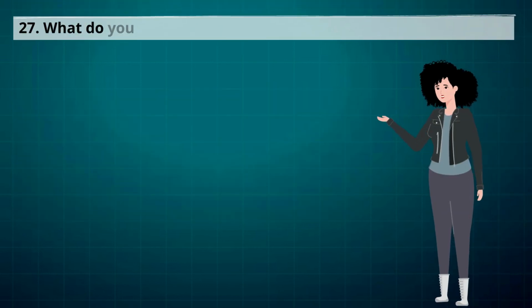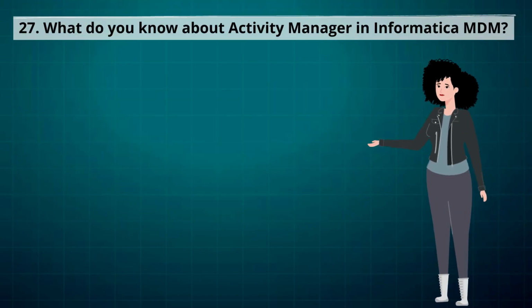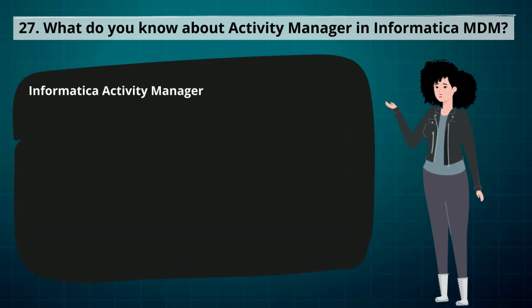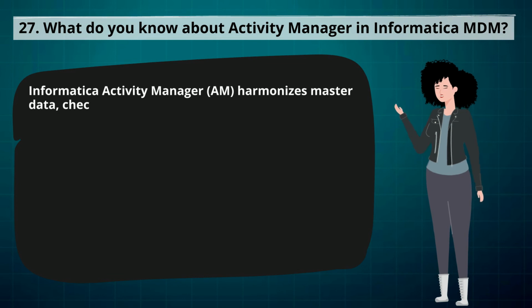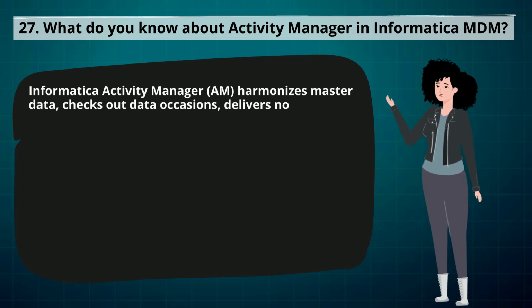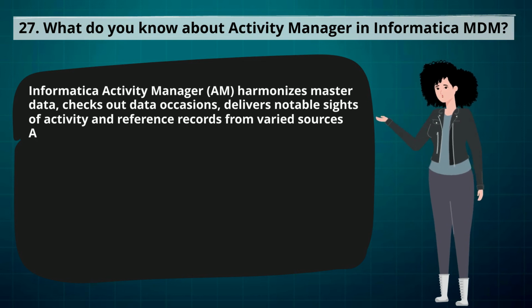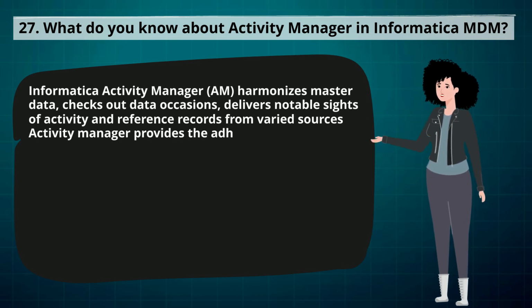27. What do you know about Activity Manager in Informatica MDM? Informatica Activity Manager, AM, harmonizes master data, checks out data events, and delivers notable sites of activity and reference records from varied sources. Activity Manager provides the following features.